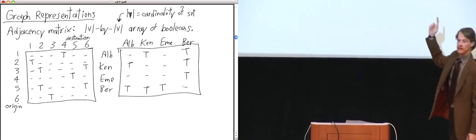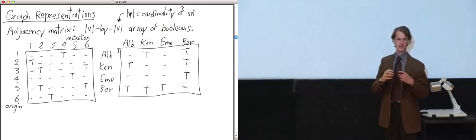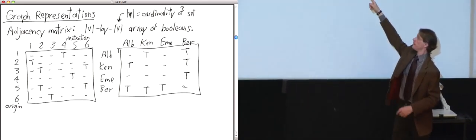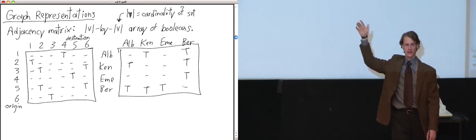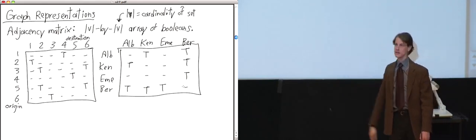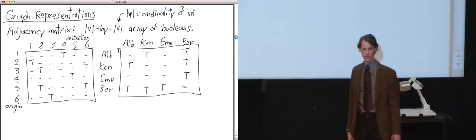Now, since this is an undirected graph, you'll recall, the city adjacencies are an undirected graph, this adjacency matrix is symmetric around the diagonal. So Berkeley's connected to Albany, Albany has to be connected to Berkeley.